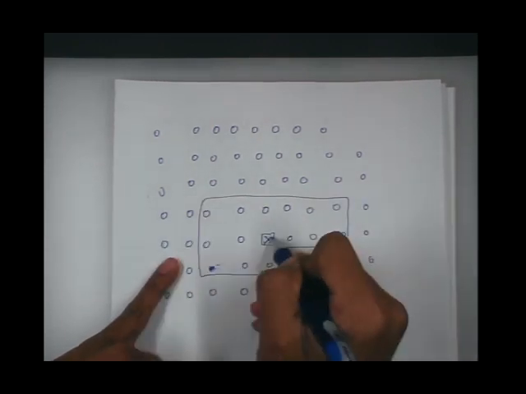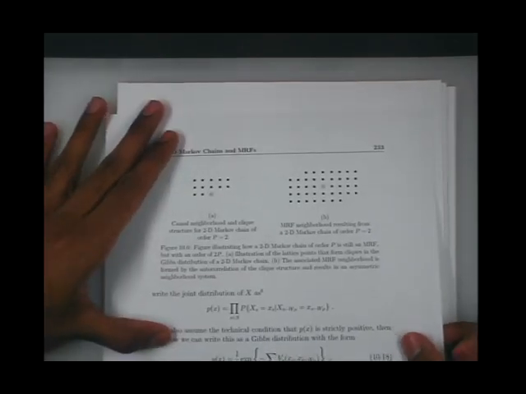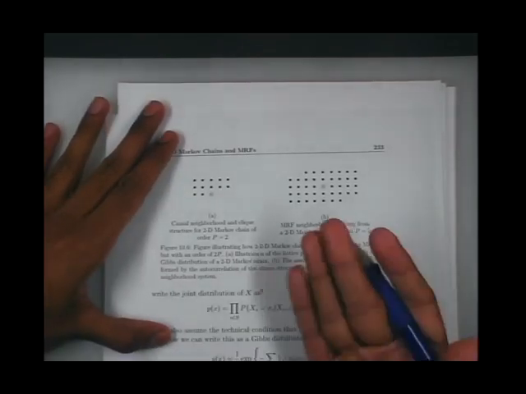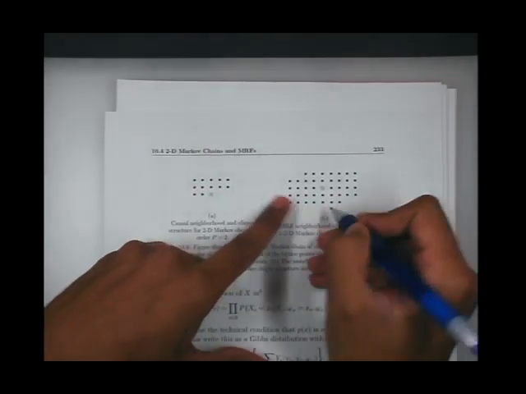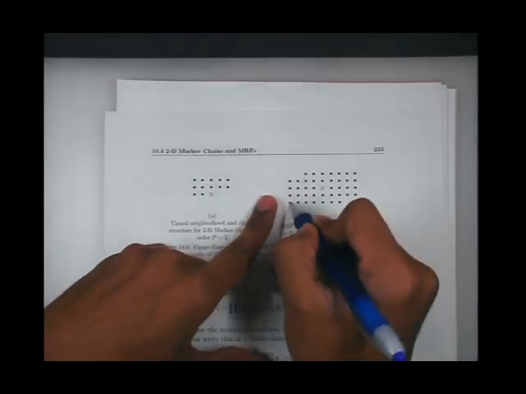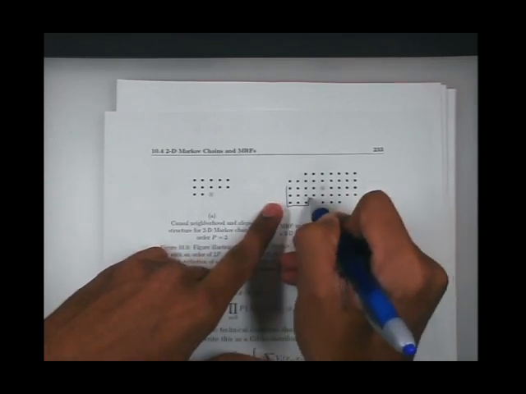So these two are neighbors. Similarly, you can go ahead and find the resulting neighborhood system from that system of cliques. And the point is, you get a system like this. For any two pixels here, I can find that they share a clique.